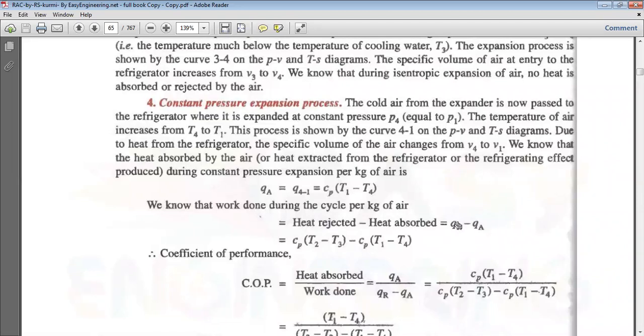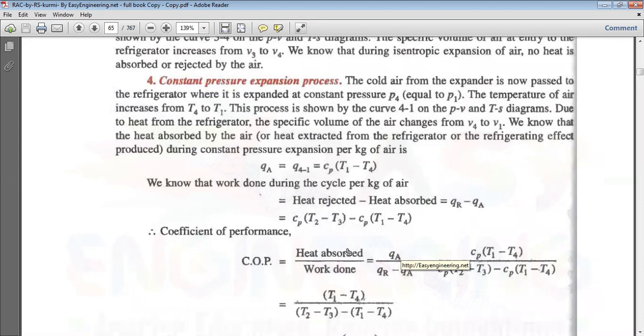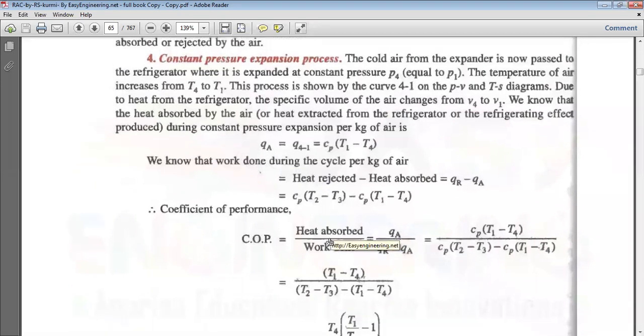QA is Q41 and QR is Q23. Taking 1 unit mass, the mass is equal to 1. Cp into (T2 minus T3), the fall in temperature, minus Cp into (T1 minus T4): heat rejected minus heat absorbed. Therefore, what is COP?